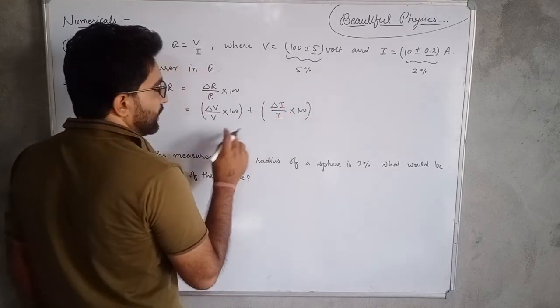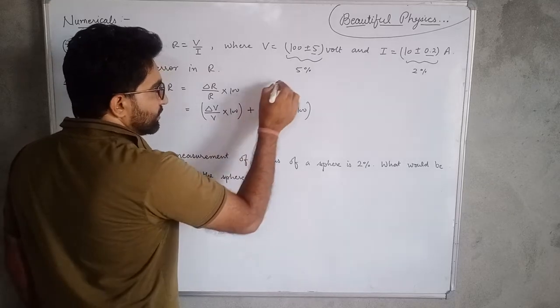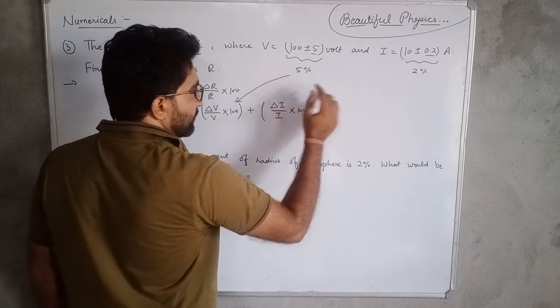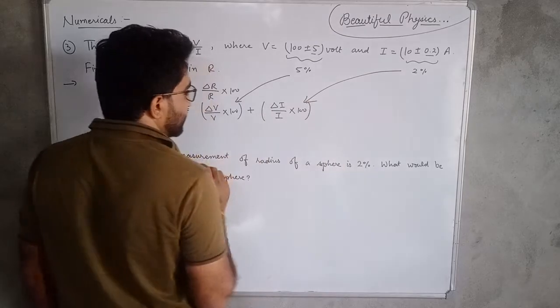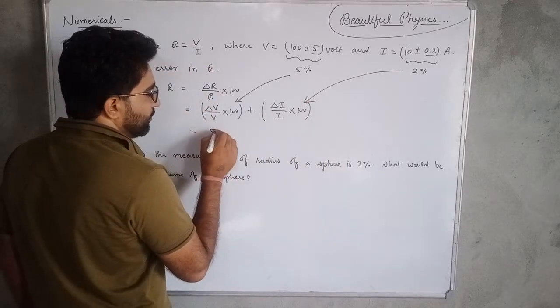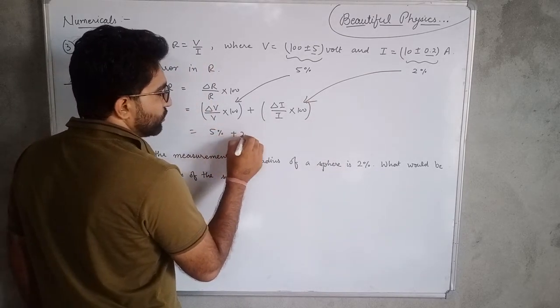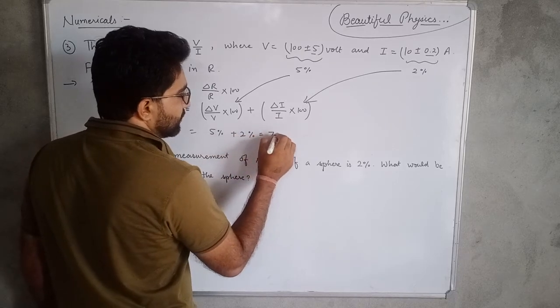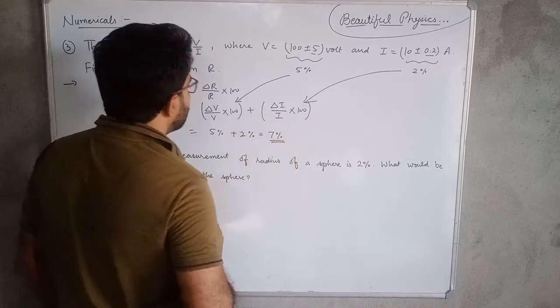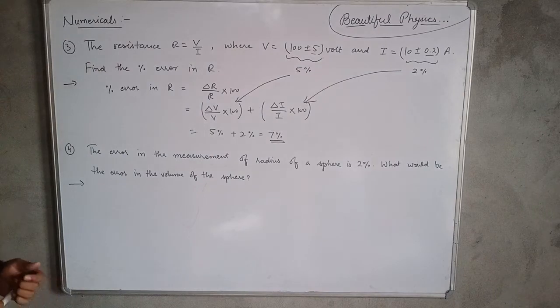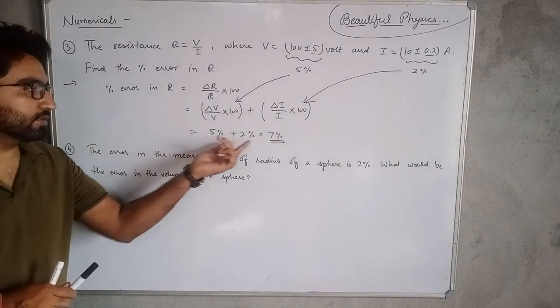This quantity is 5% and this quantity is 2%. So it will be 5% plus 2%, and the answer is 7%. So the percentage error in the measurement of R is 7%.